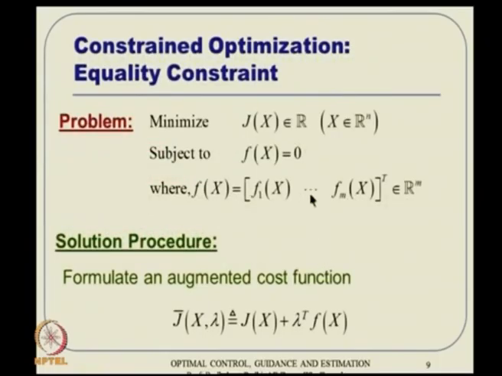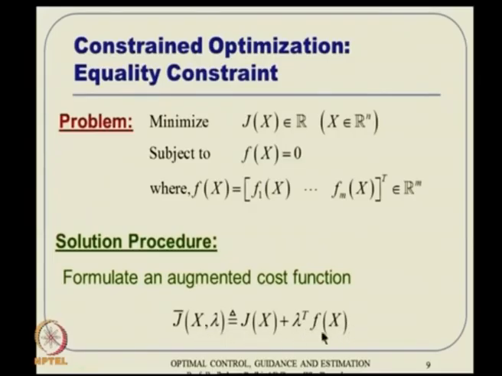Then we went to the constrained optimization problem, and we started with equality constraints. The cost function was scalar, x was still a vector, and the set of equality constraints was m constraints, an m-dimensional variable. The solution procedure turns out to be J bar is J of x plus lambda transpose times f of x.